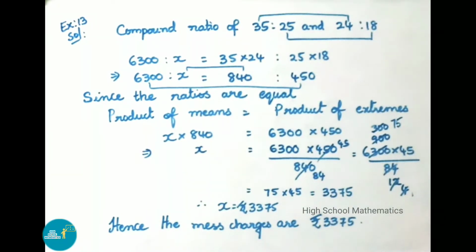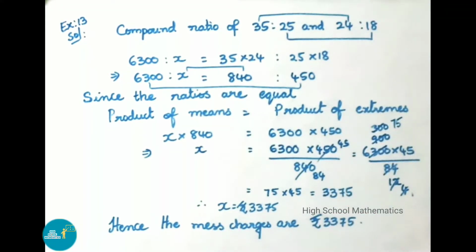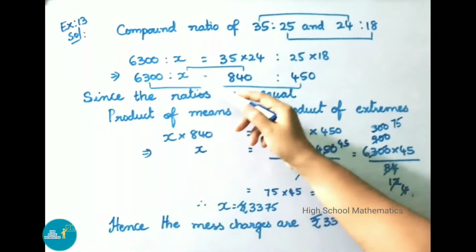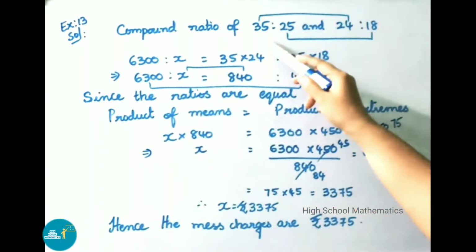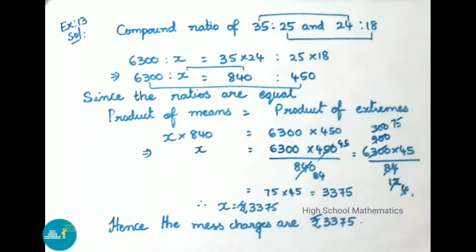We find their compound ratio and equate it with the ratio of mess charges, 6,300 is to x. The compound ratio formula is A into C is to B into D, so 6,300 is to x equals 35 into 24 is to 25 into 18.